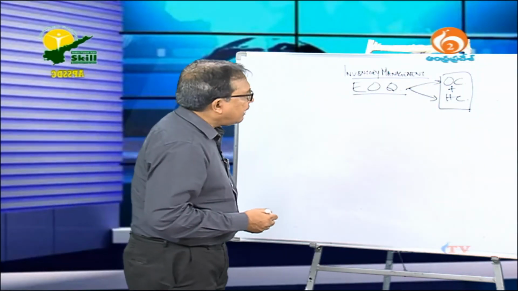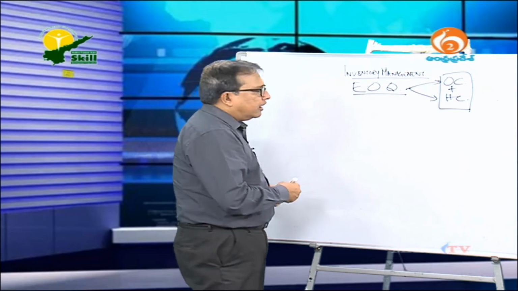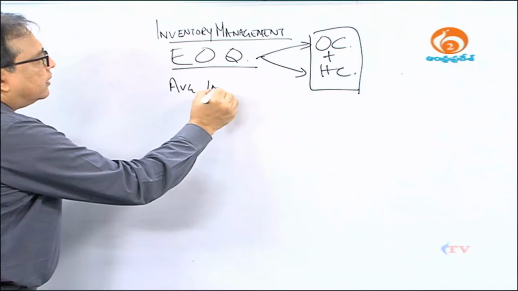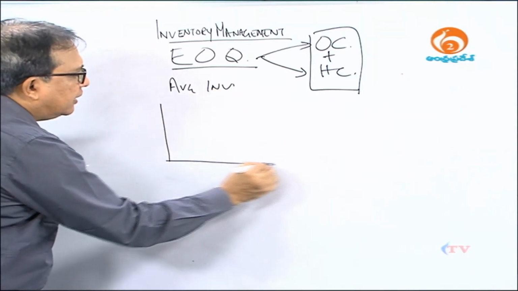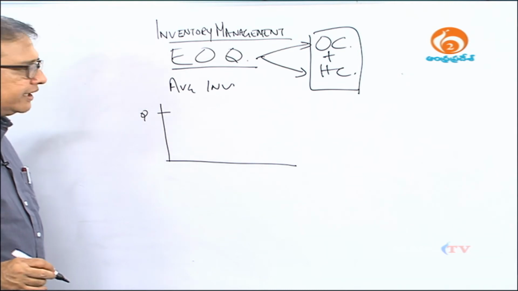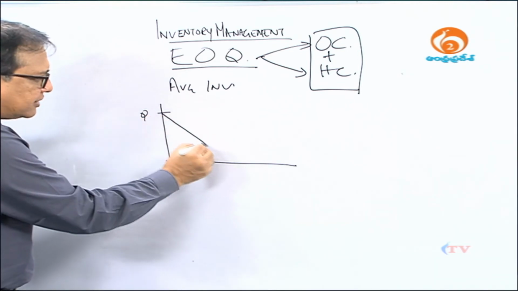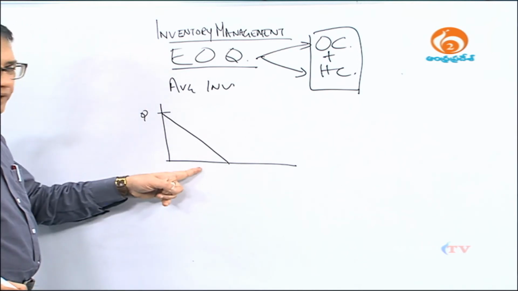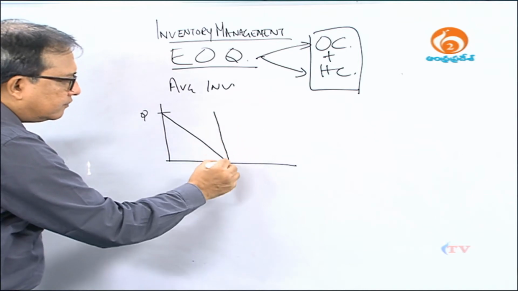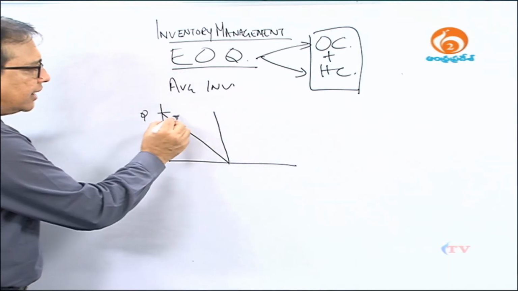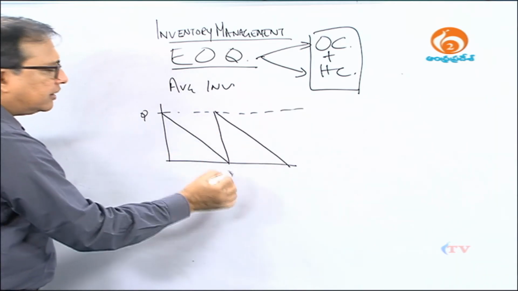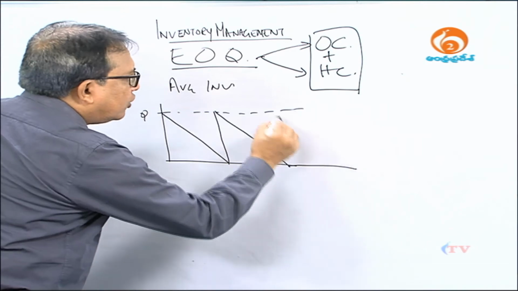Before that, I would like to very quickly recap a very fundamental phenomenon which is called average inventory. Just for your recap, we have seen that a company orders Q quantity in a particular order. After consumption during a particular period, the inventory becomes 0, he reorders, again he gets Q quantity, again after consumption the inventory level becomes 0, and it goes on like this.